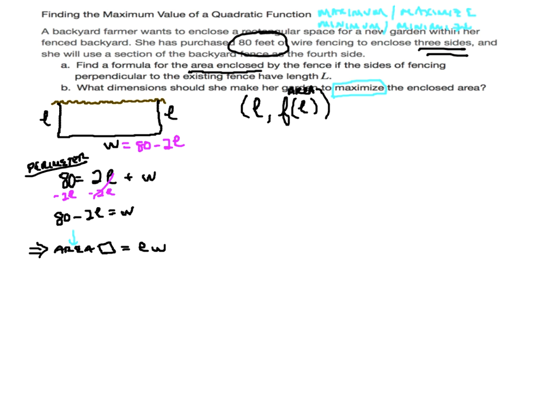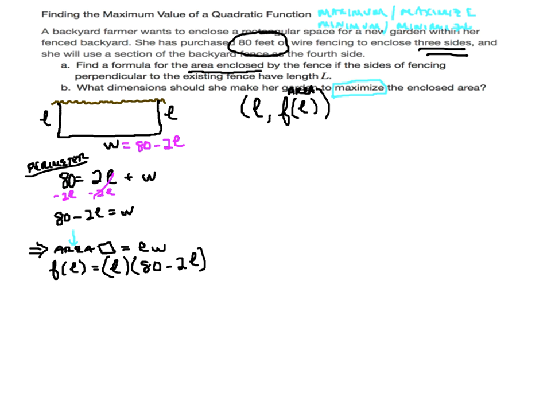Length, and then this is area. Okay, so my area, which is the function of my length, is equal to my length, which is L, times my width, which I can now call 80 minus 2L.